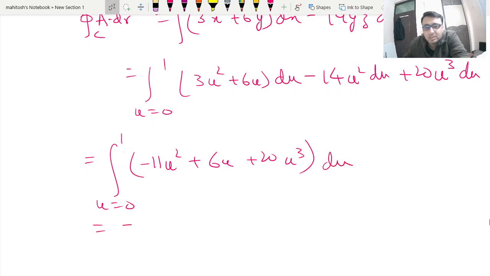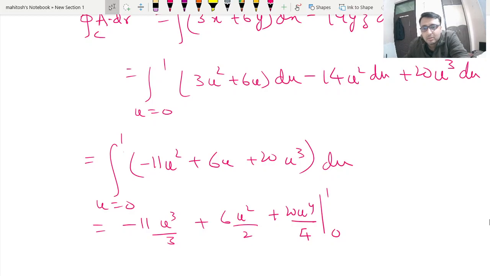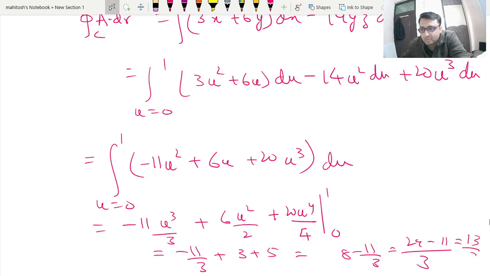Now you can integrate this: minus 11 by 3 plus 3, and this is your 5. So 8 minus 11 by 3, 24 minus 11, and this is nothing but 13 by 3.